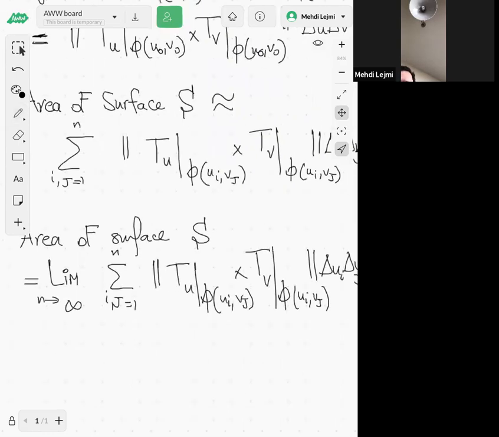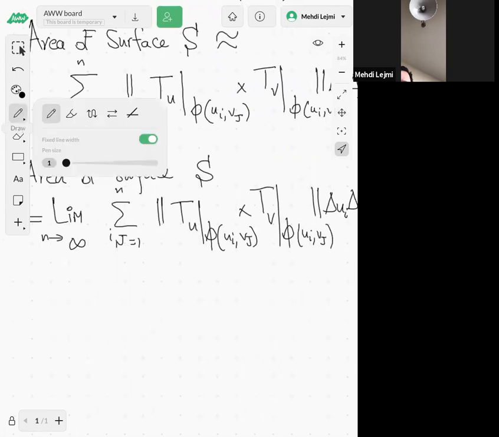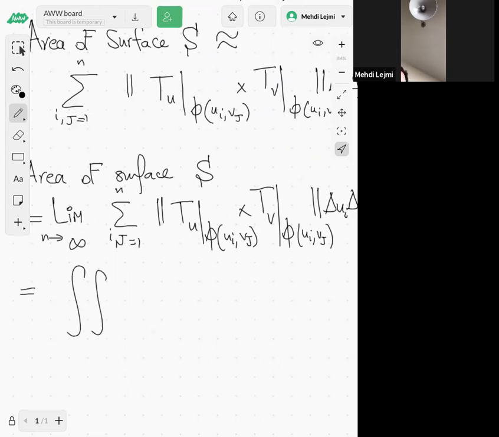This is a Riemann sum, so the limit would be a double integral. Because we have two indices here, i and j, it will be a double integral over the region D of the magnitude of the cross product of T_u with T_v, du dv.